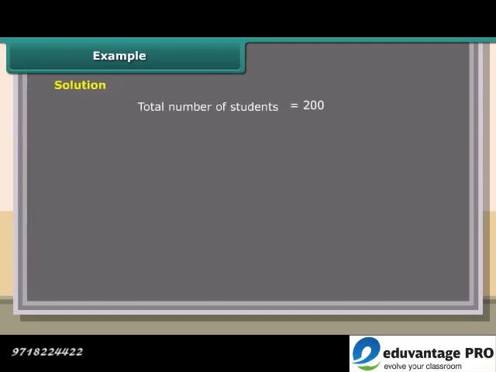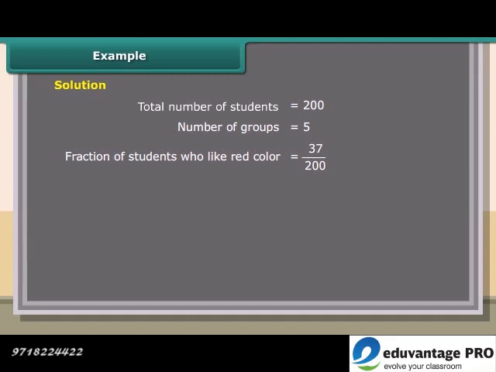Solution. Total number of students is equal to 200. Number of groups is equal to 5. Fraction of students who like red color is equal to 37 upon 200. Central angle is equal to 37 upon 200 times 360 degrees, which is equal to 66.6 degrees.